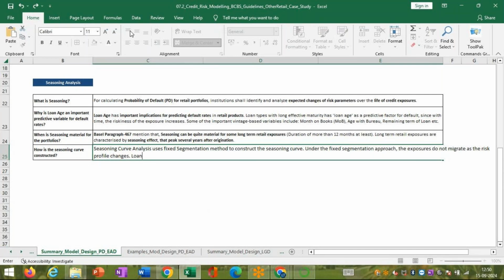Loans remain in the same segment even if the risk associated with the loan changes.